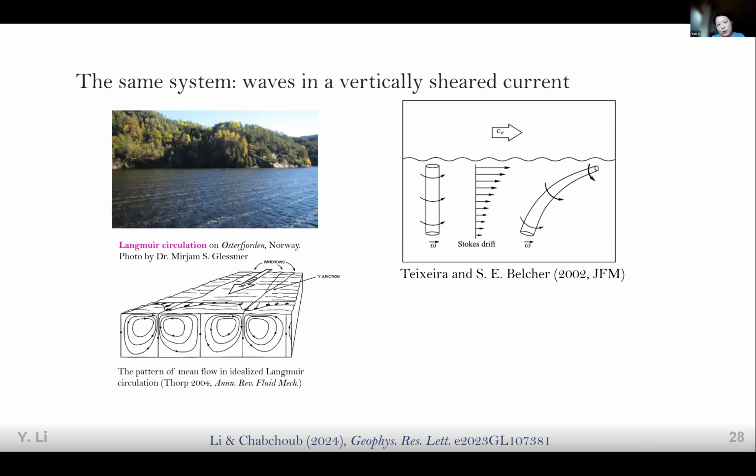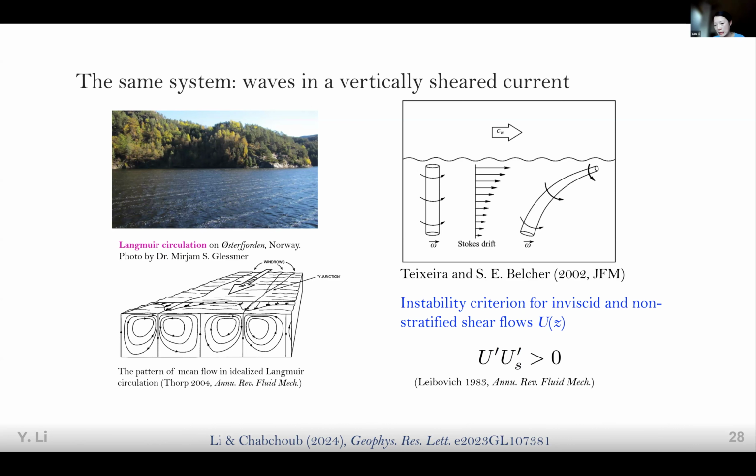One interesting phenomenon I found, and I found it very interesting to point out, is that this system is the same as the system used to predict the Langmuir circulation. The Langmuir circulation was found to be predicted by the so-called Craik-Leibovich type 2 instability, which involves the Stokes drift velocity and also a background shear flow.